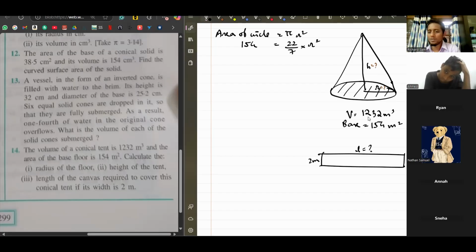To find the height, we'll use the volume formula. Volume is equal to 1 upon 3 pi r square h. Correct? Volume of cone. In this, we have volume. We got the radius. H is missing. We'll find that. Okay, see, I'll just highlight here. This is what we have to find. Do these two first, then I'll explain to you the third part.